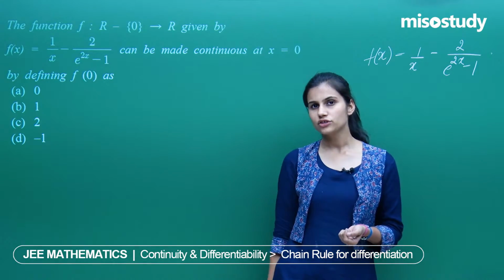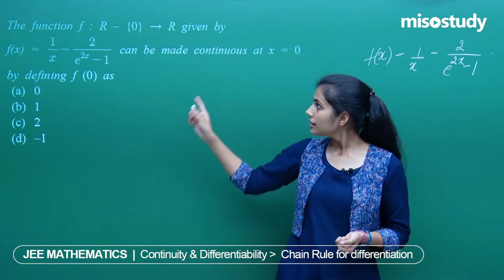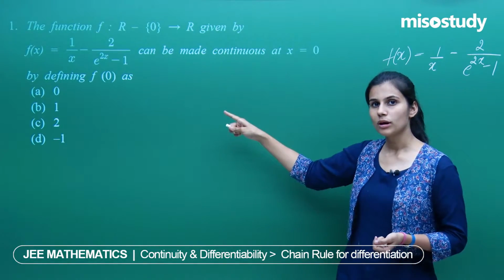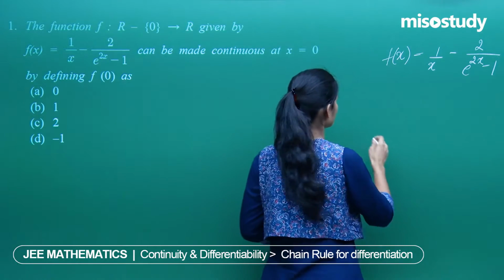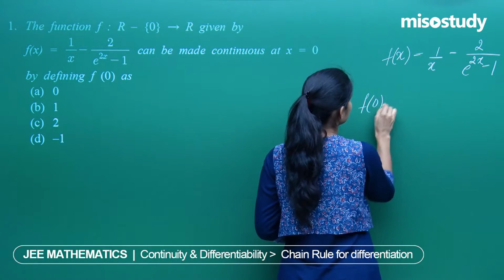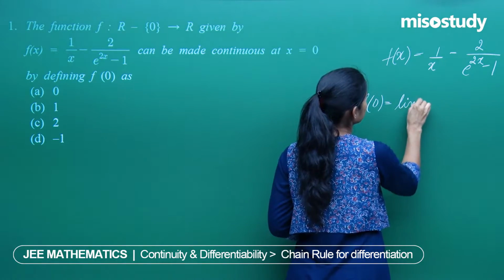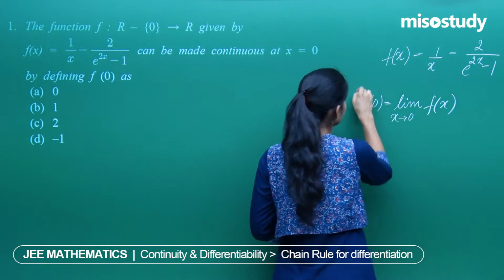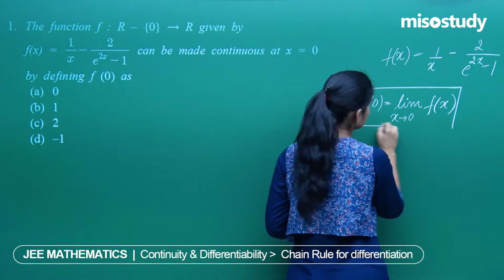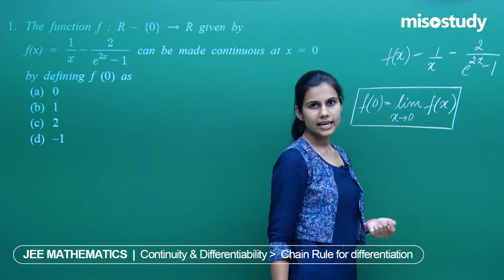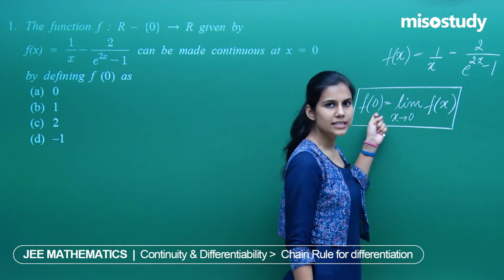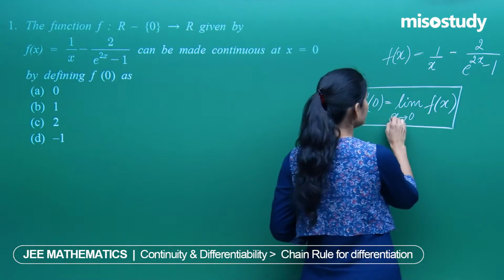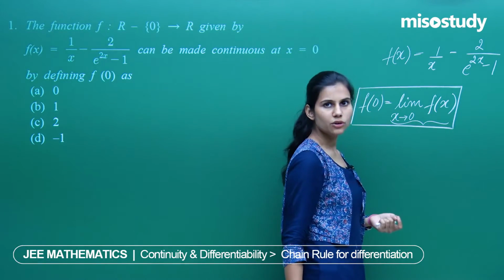You can make this function continuous at 0 by defining f of 0 as what? f of 0 should be defined as limit x tends to 0 f(x). If this happens to be true, in that case I can say that the function f is continuous at x equals 0. But for this we need to first compute limit x tends to 0 f(x).